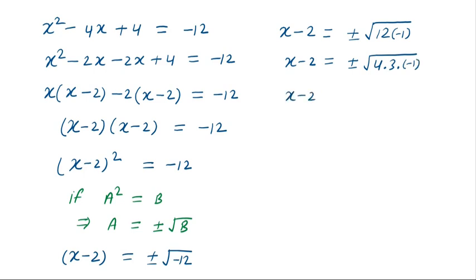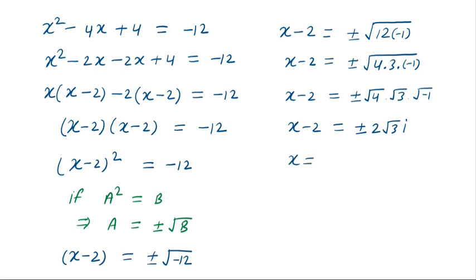This expression is the same as square root of 4 times square root of 3 times square root of minus 1. Square root of 4 is equal to 2, here is square root of 3, and the value of square root of minus 1 is iota.